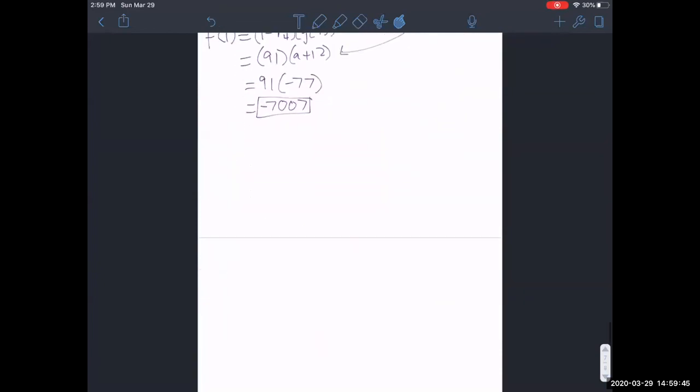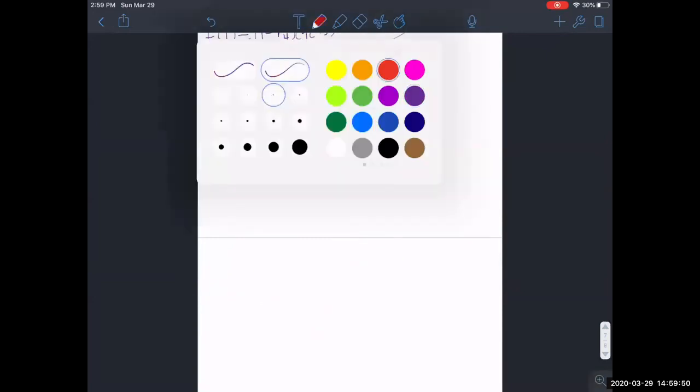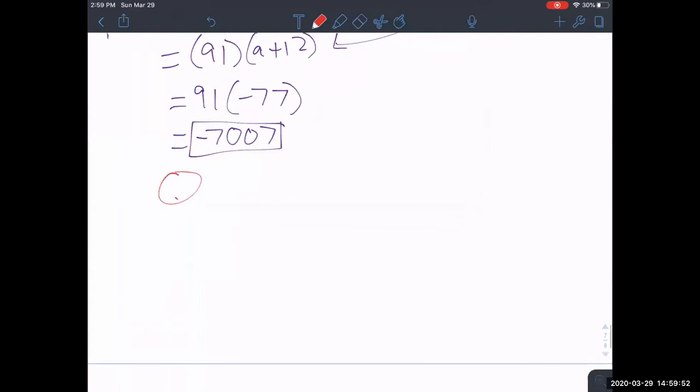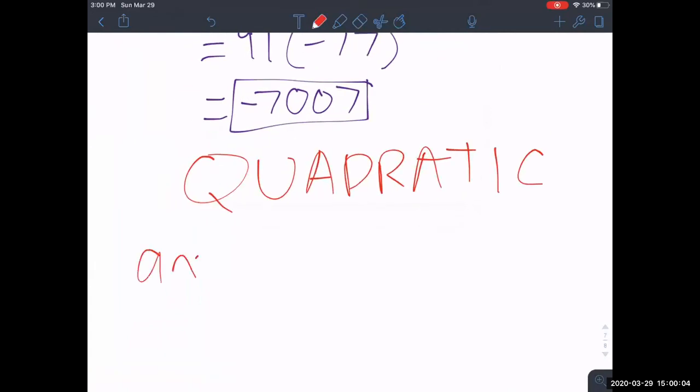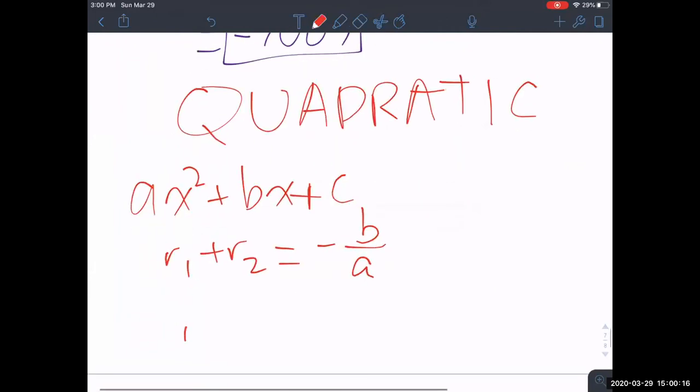Let's conclude. In conclusion, for quadratics, I'll change my pen color again because I like colors. Quadratic Vieta's. I misspelled quadratic, how did I do that? We have ax squared plus bx plus c, and the two roots r1 plus r2 have a sum of negative b over a, and r1 times r2 would be c over a.